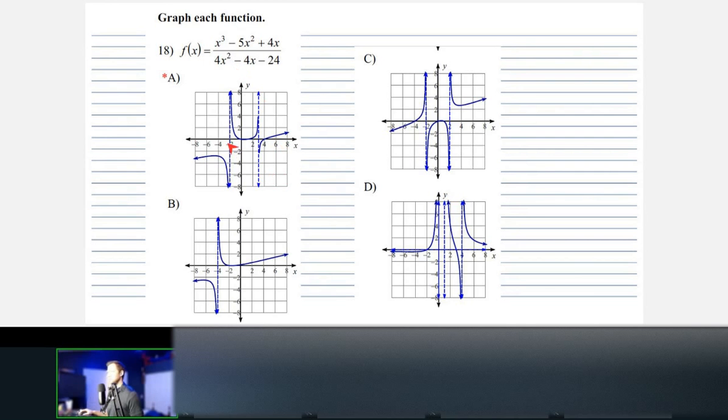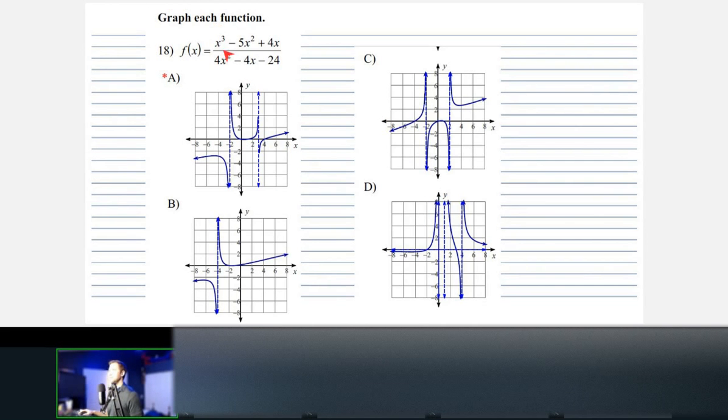So it looks like A has a slant asymptote, so does C, so does B, and D does not. D only has vertical asymptotes. So the answer can't be D, because it needs to have an SA.